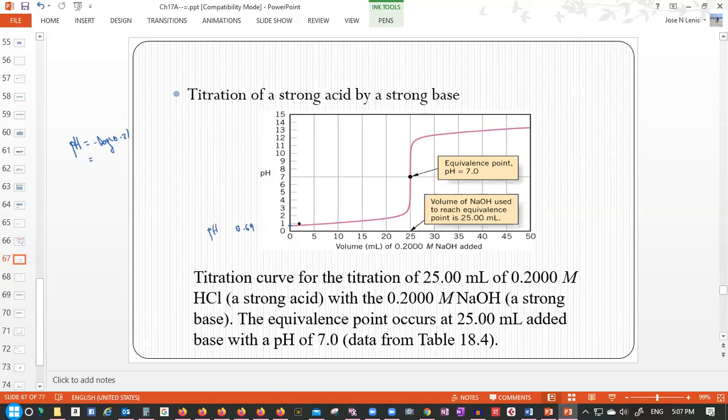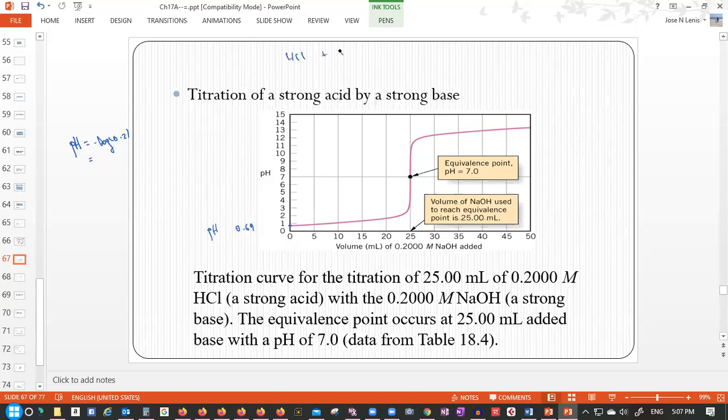Then you start adding the base, adding the base, adding the base very slowly, and look at the curve starts to go up. The pH starts to go up. Initially it takes some time, and you are adding more base until you get this flat line at exactly, when you add exactly 25 mLs, because here the stoichiometric ratio is 1:1.